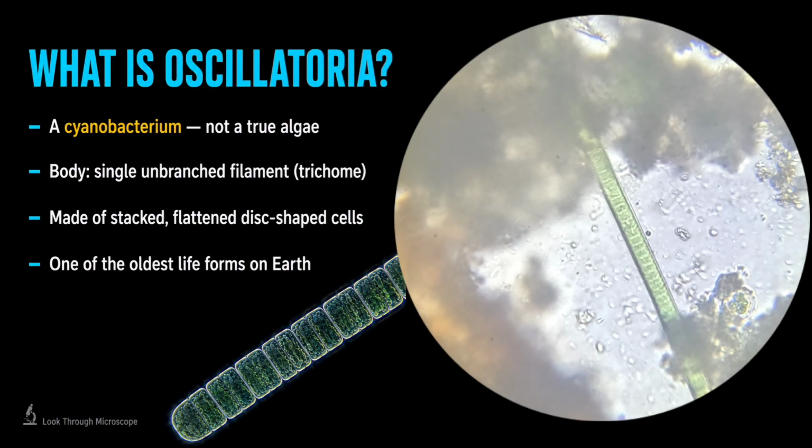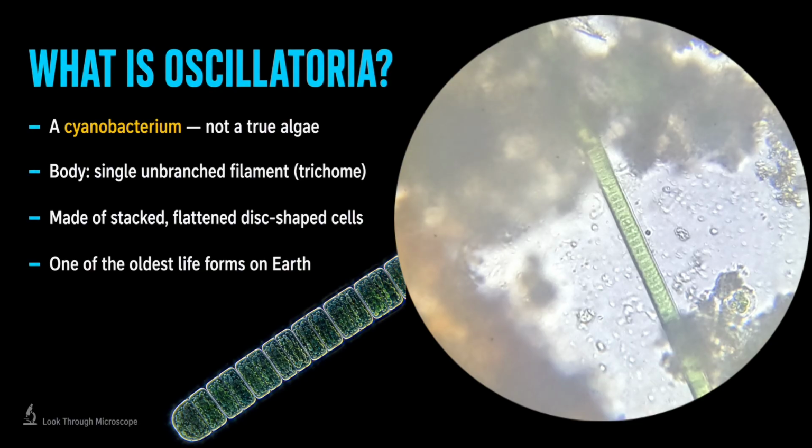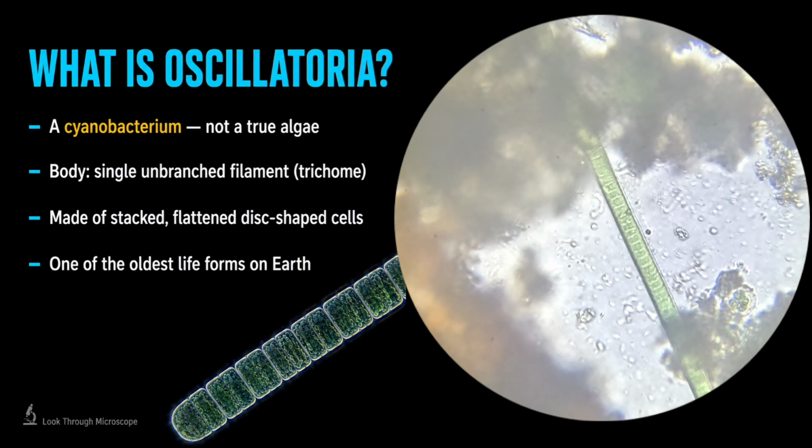Under the microscope, Oscillatoria looks like a long, unbranched thread, almost like a tiny stack of coins glued end to end. Each of those coins is an individual cell, flattened and stacked to form one continuous filament called a trichome.